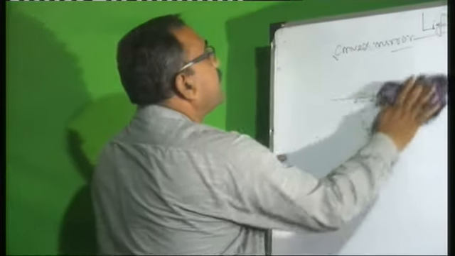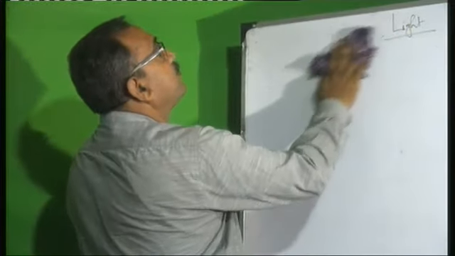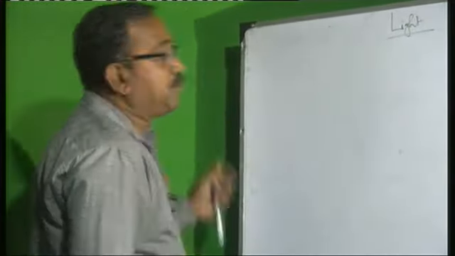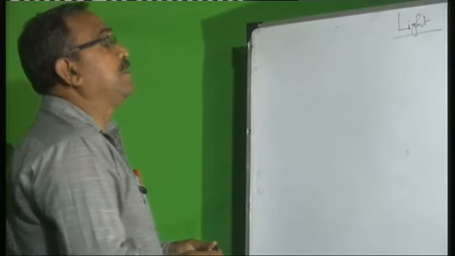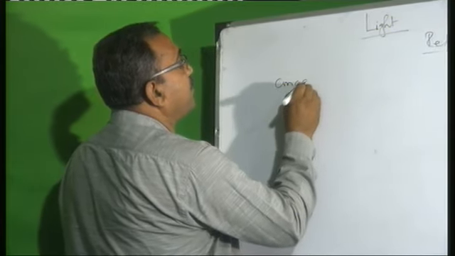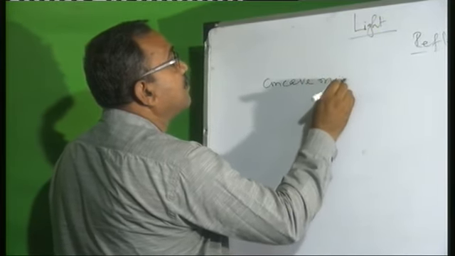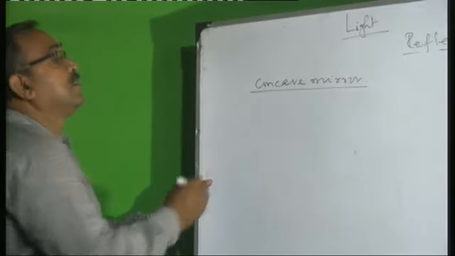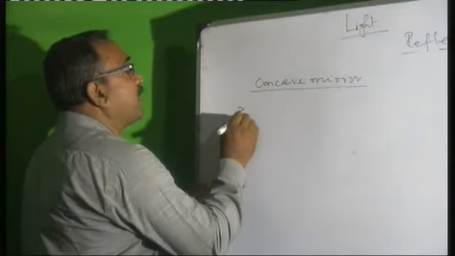What will be the nature and size of the image if the object is placed in different positions in front of the mirror? Which type of mirror? First, concave mirror. First you consider position of the object.